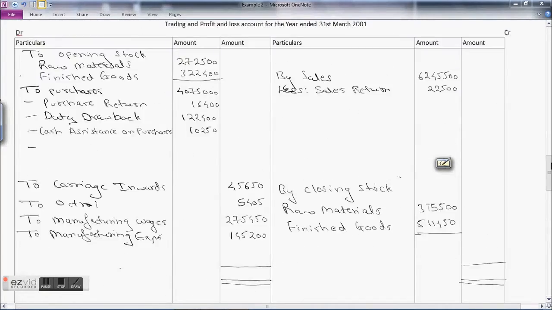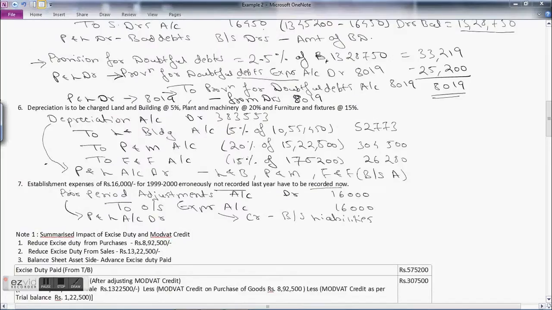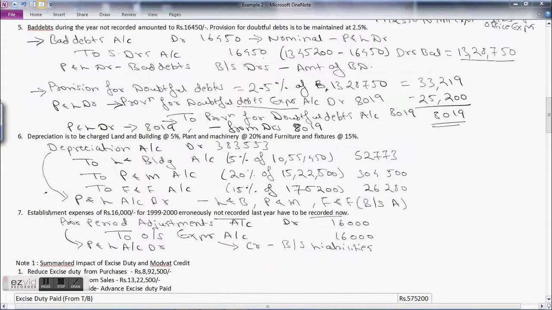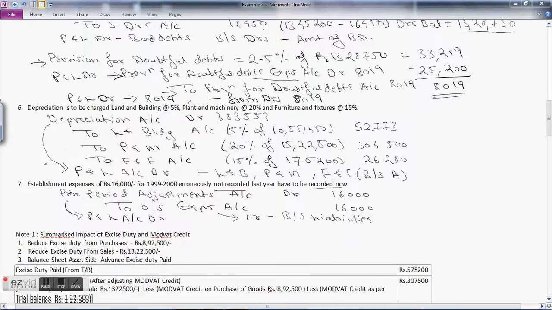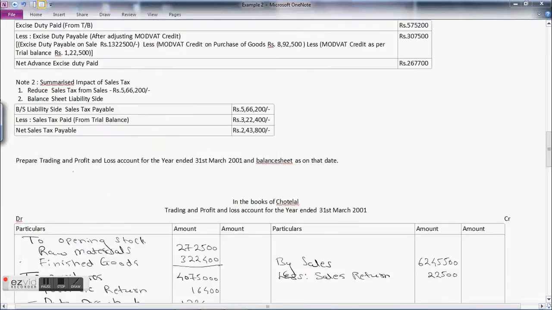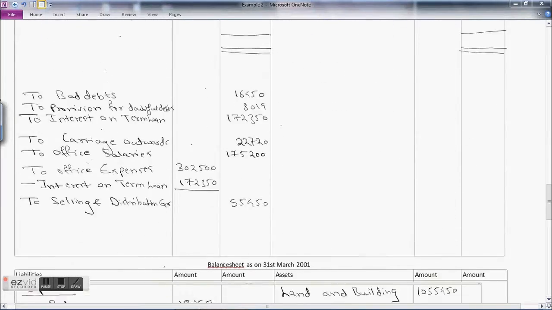Next, depreciation. So first is depreciation on land and building, then plant and machinery and furniture and fixtures. One effect will be profit and loss account debit side, depreciation 3,83,553.